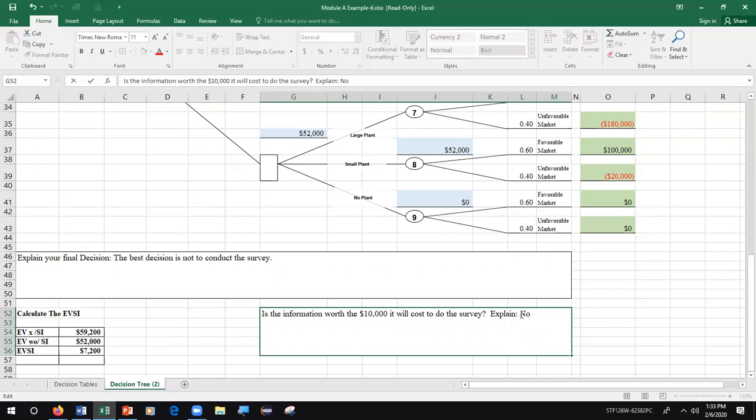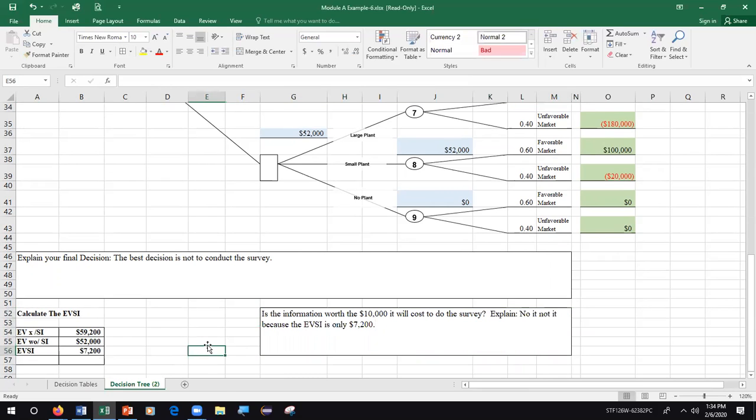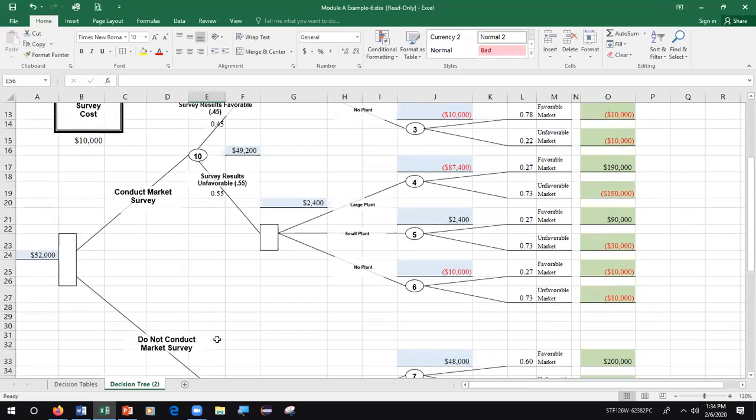Not worth it because the estimated value of survey information is only $7,200. Was that clear as mud puddle?